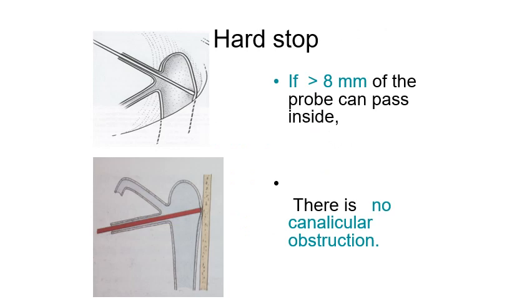In this picture, in some books they have mentioned it as a hard stop and soft stop. In the hard stop, you can see that the Bowman's probe has entered the canaliculus, from the upper canaliculus, and more than 8 mm of the probe has passed inside and touched the bone at the medial canthal region, that is the medial part of the lacrimal sac.